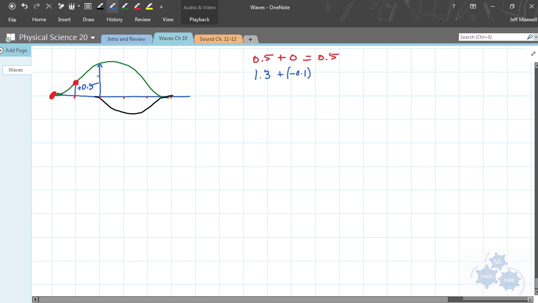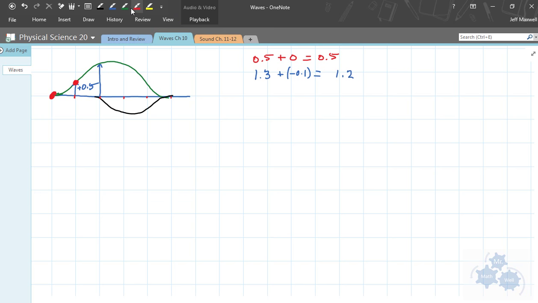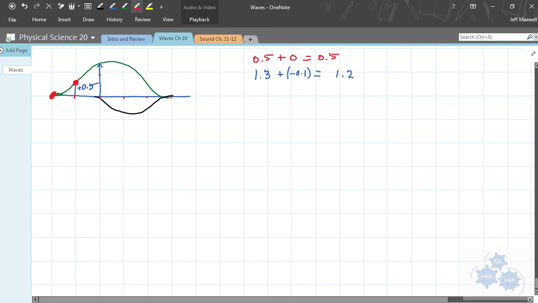Everyone see what I'm doing? On this vertical position, just a random vertical position, I'm taking the sum of the two waves. So that's 1.2, and so you go up 1.2, and here is the dot for the new wave. You see, you just subtract this little negative part.